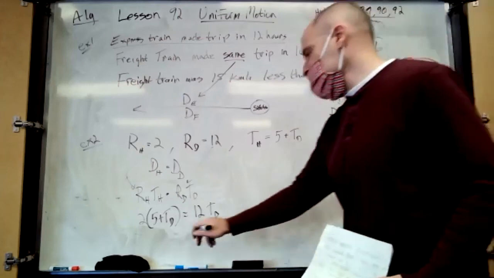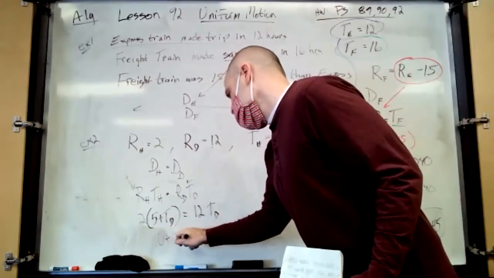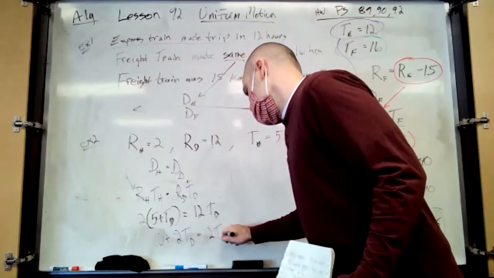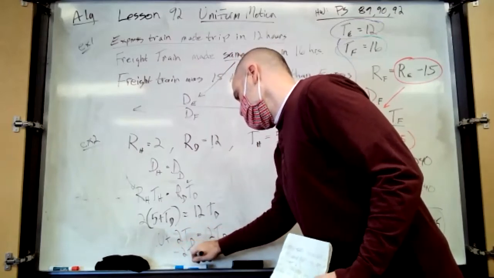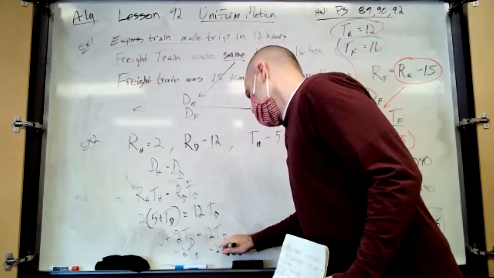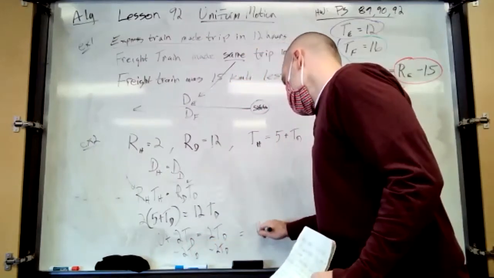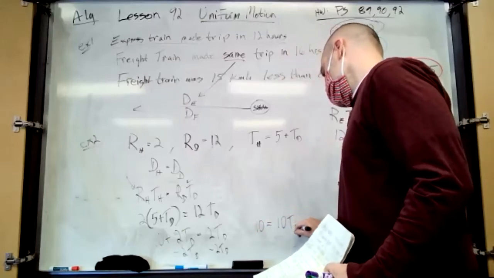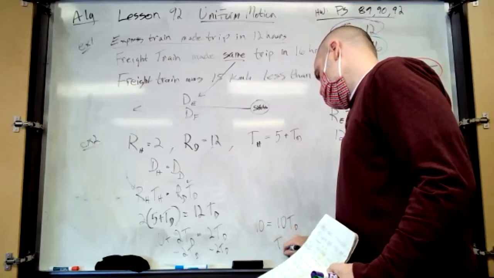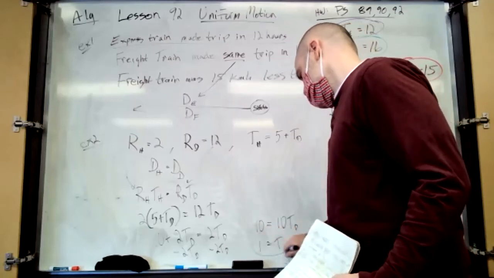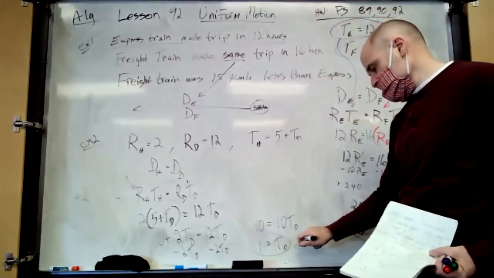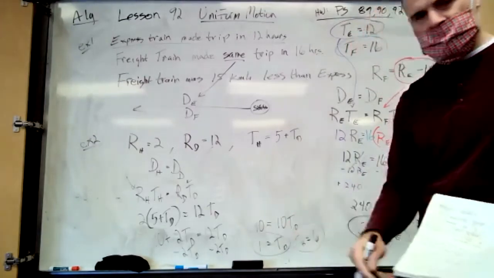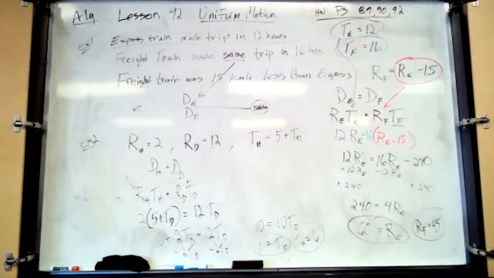Simplify and solve. 10 plus 2 TD equals 12 TD. Get rid of the 2 TD. So then we get 10 equals 10 TD. So the driving time was 1 hour. So if the driving time was 1, what's the hiking time? 6, right?